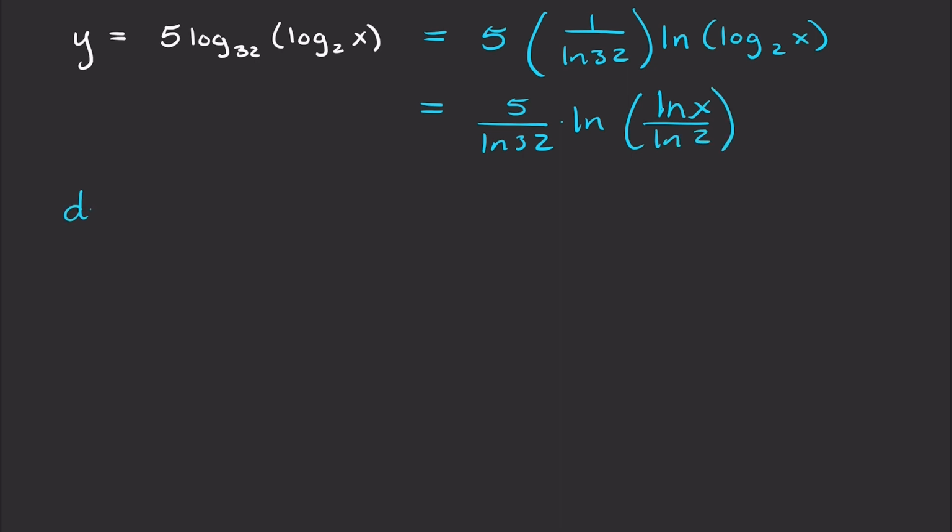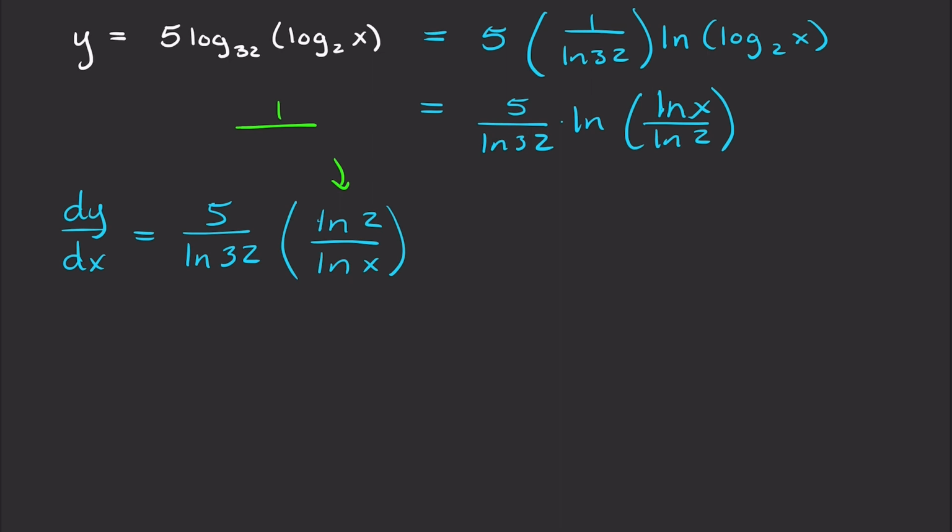Okay, so now if I take my derivative, this number will come out front, 5 over the natural log of 32. Okay, then the derivative of a natural log, you just do 1 over the argument. So this is going to be the reciprocal. So natural log of 2 over the natural log of x. So this, I just did 1 over the natural log of x over the natural log of 2. Okay.